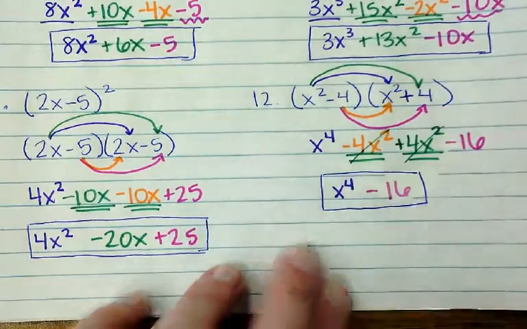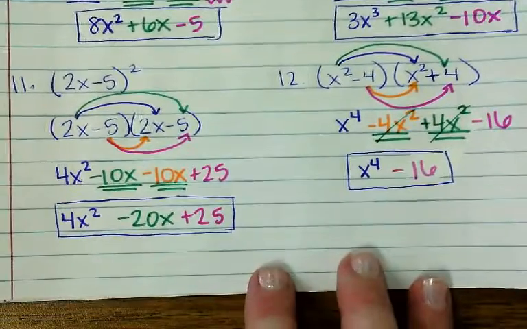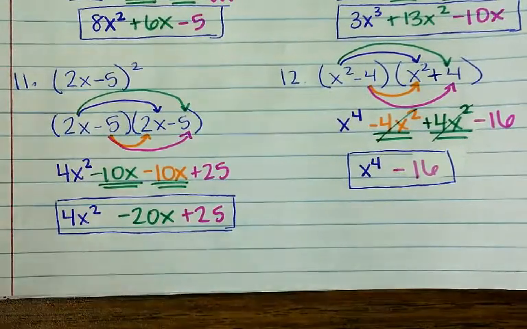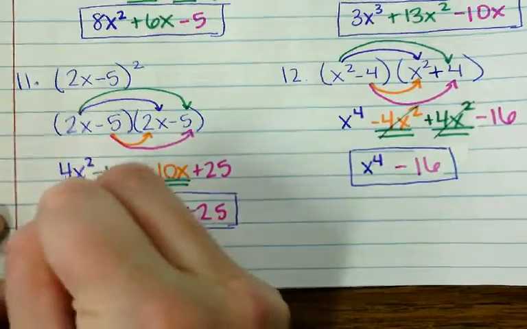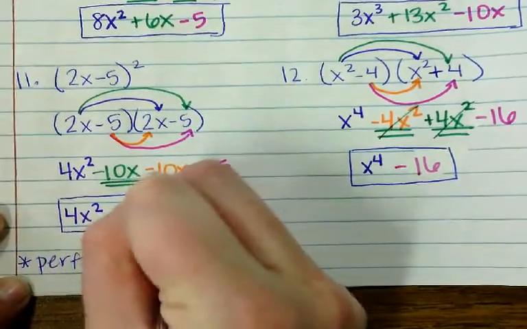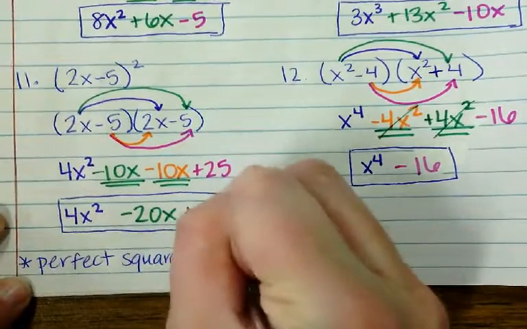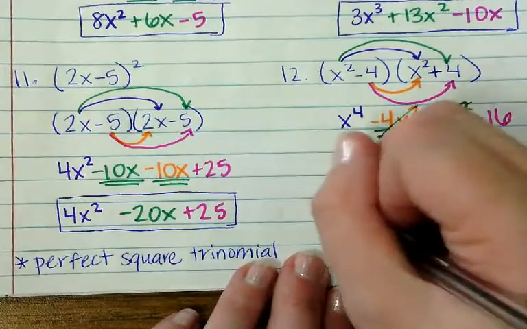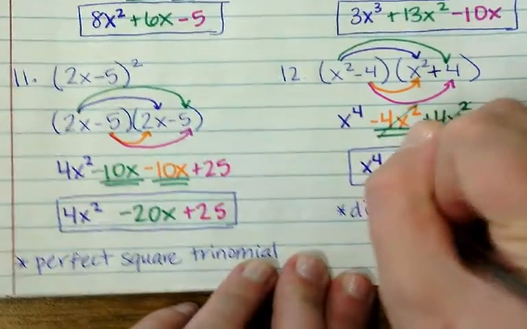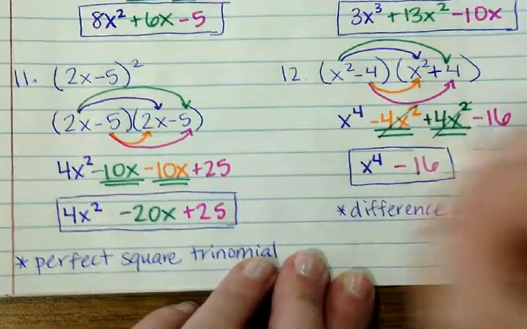This guy right here on the left is what we call a perfect square trinomial. This guy over here on the right is the difference of two squares.